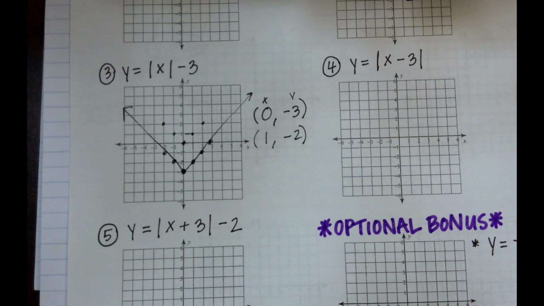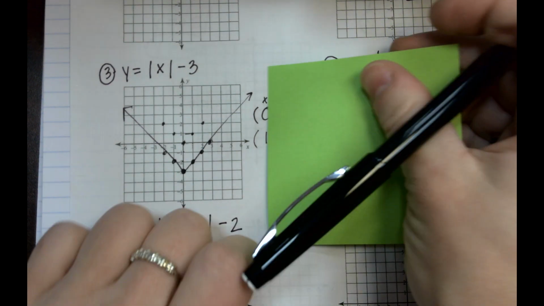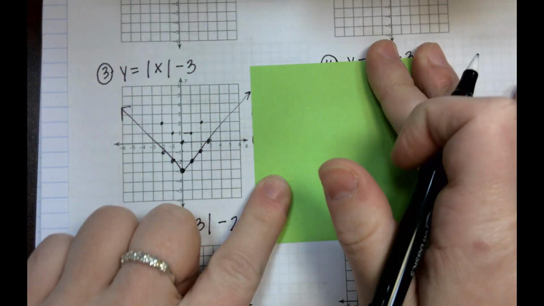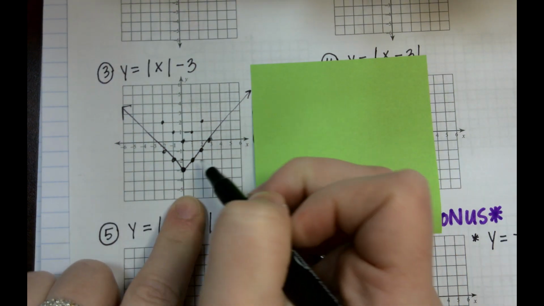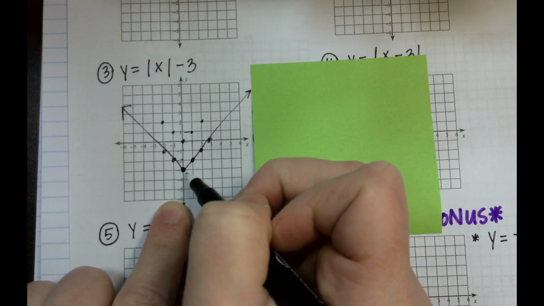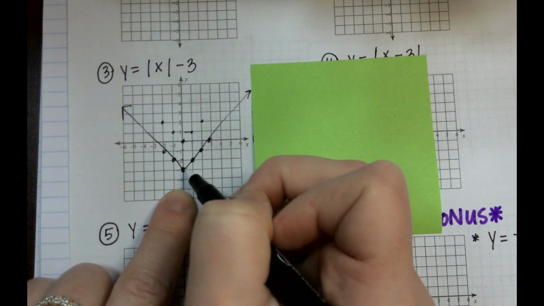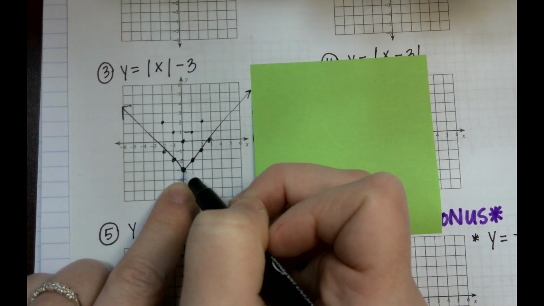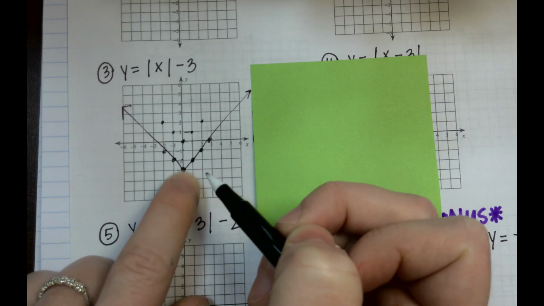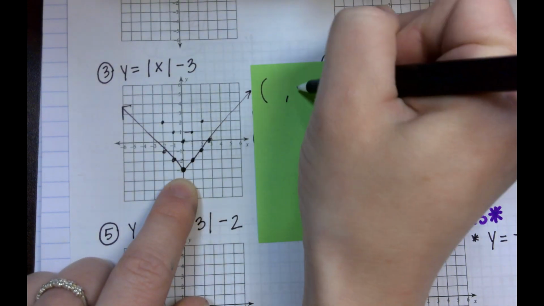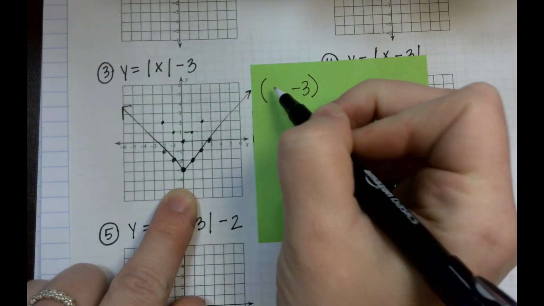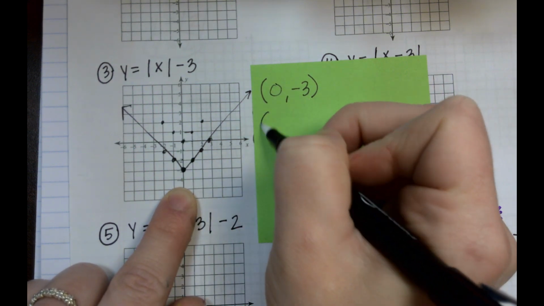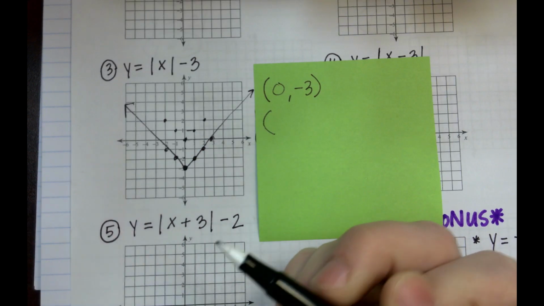If I wanted to just name the coordinates after I knew what the graph would look like, I would want to name my vertex, my middle point here. What would this point be? That'd be -3. That would be our y. What would our x be? It would be at 0. Good. So there's 1 point. What are 2 other points we could name?